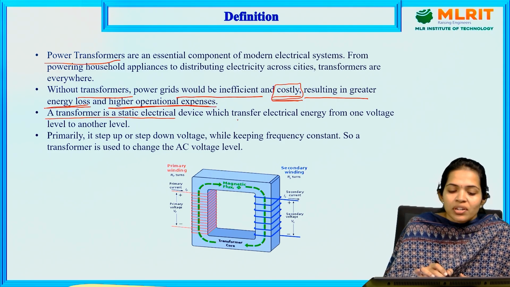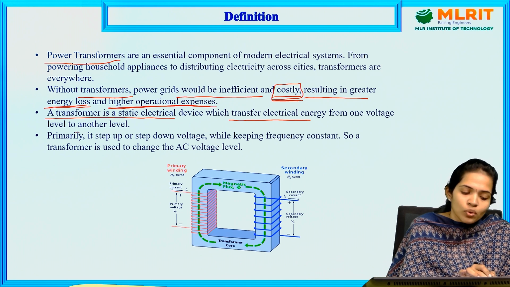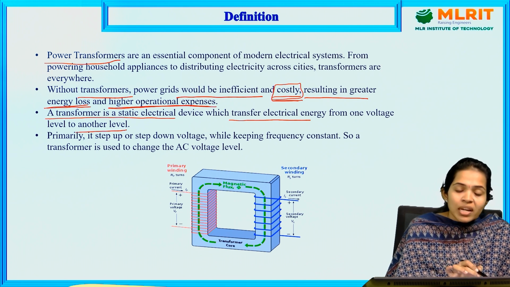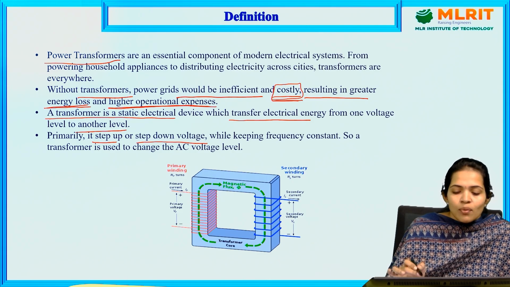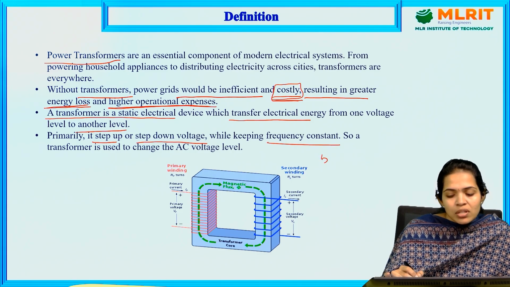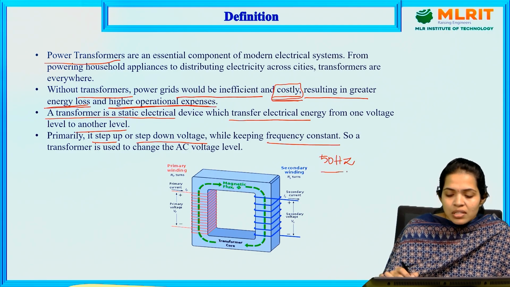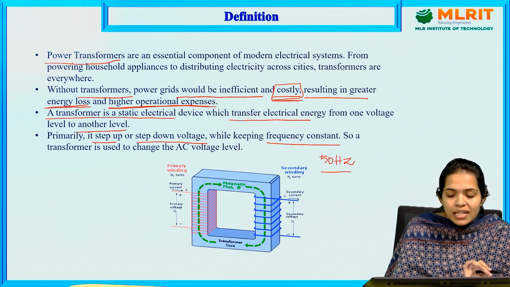In it, the transfer of electrical energy happens from one voltage level to another voltage level. Primarily, as I told, it is used to step up or step down the voltages while keeping the supply frequency constant, which is the standard supply frequency of the Indian power supply, 50 Hz. So a transformer is used to change the AC voltage level.